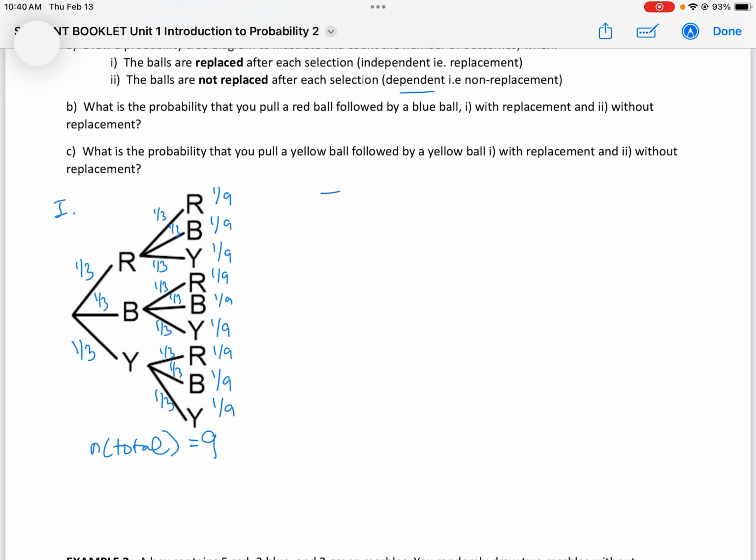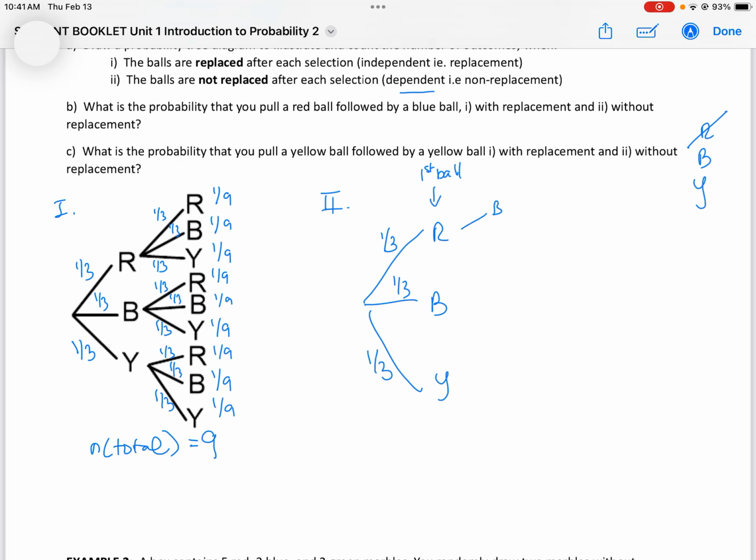Now let's compare it to when we do not replace. The first ball that we can pull out is red, blue, or yellow. These are definitely 1/3, 1/3, 1/3. What we have to think about is, if we pull out a red and we do not replace it, we now only have blue and yellow.